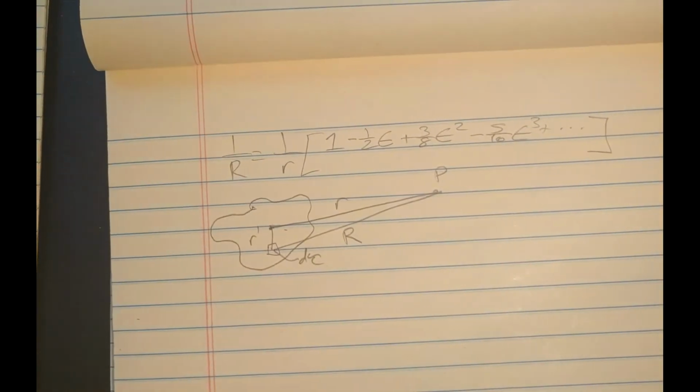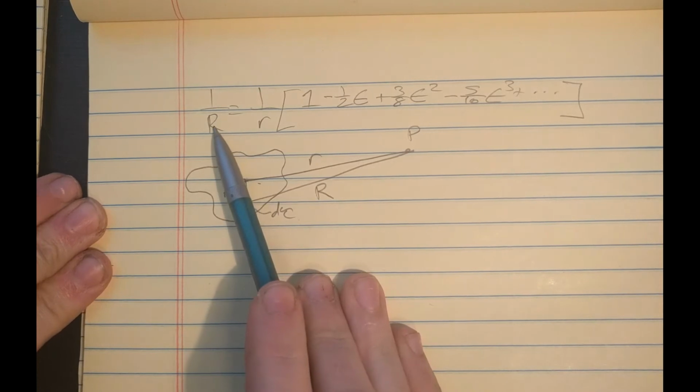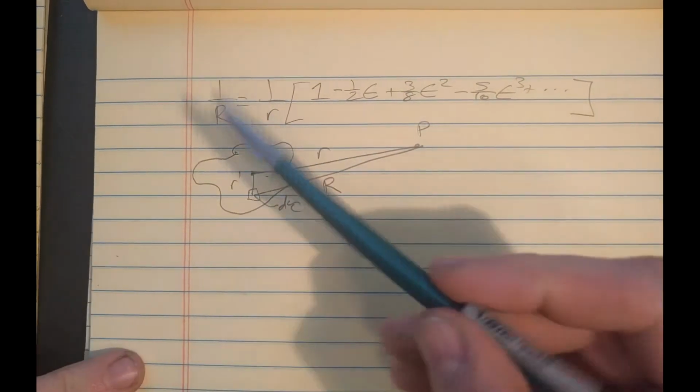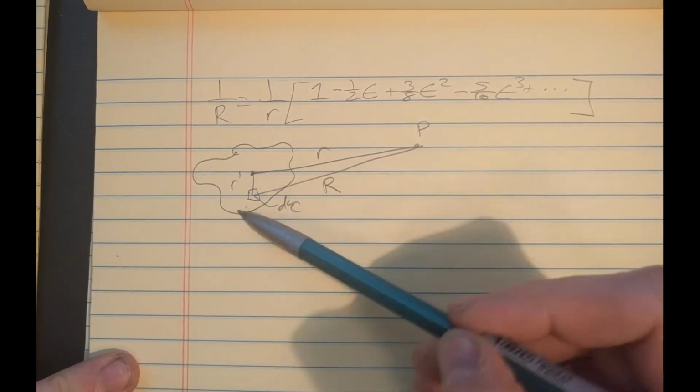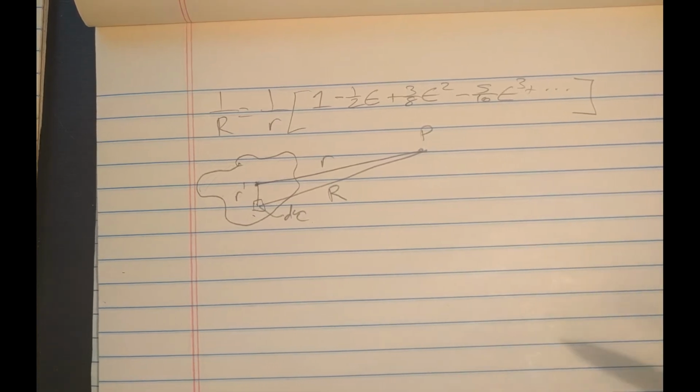Okay, so I just rewrote what we had figured out on the previous page, and I rewrote basically all our definitions. We got our blob of charge and all our distances. So now what I'm going to do is write out epsilon explicitly.